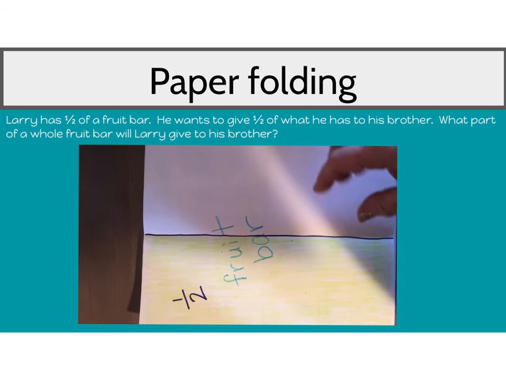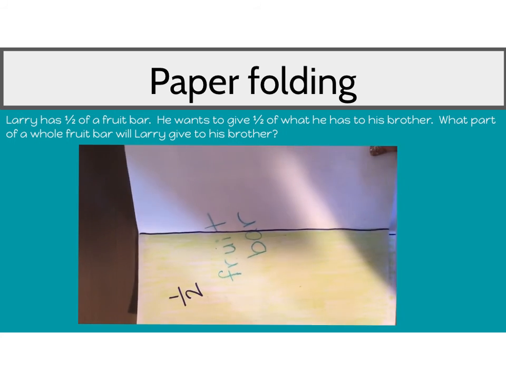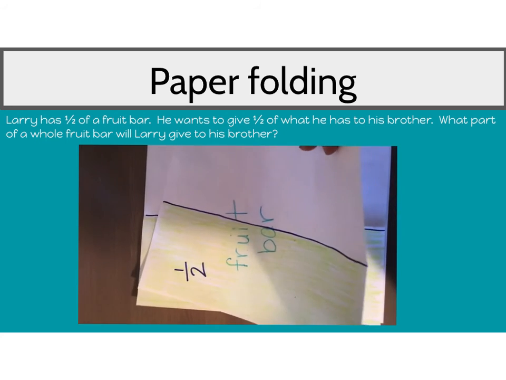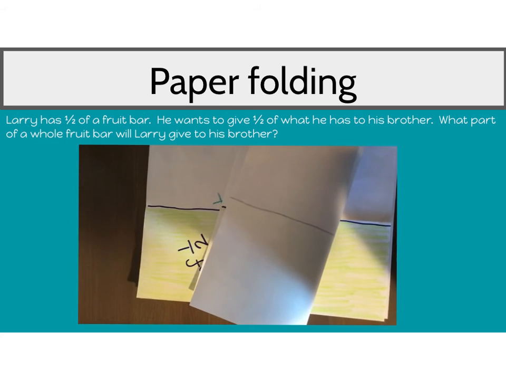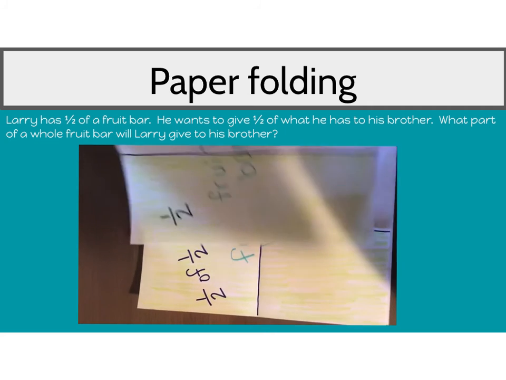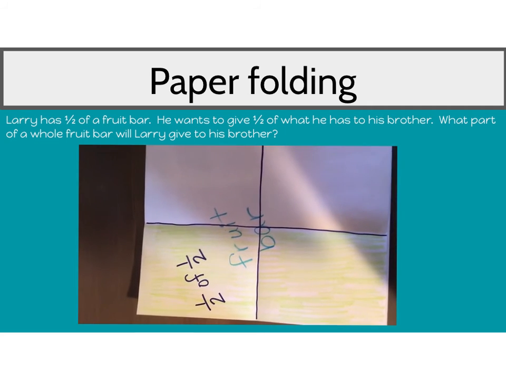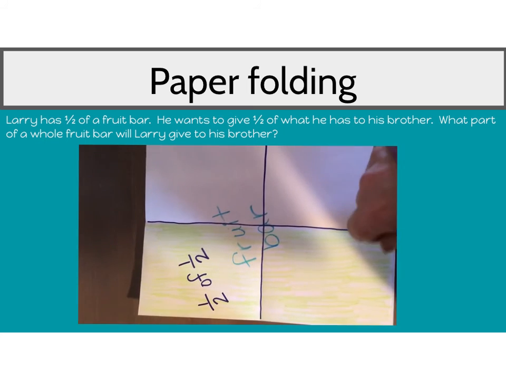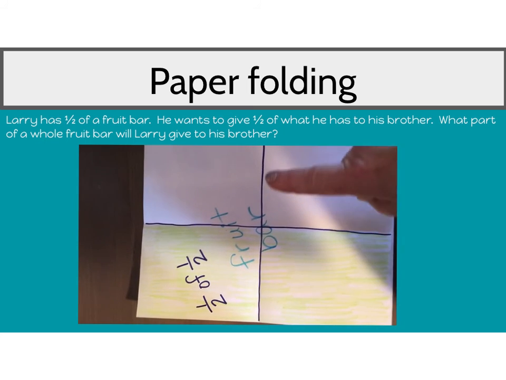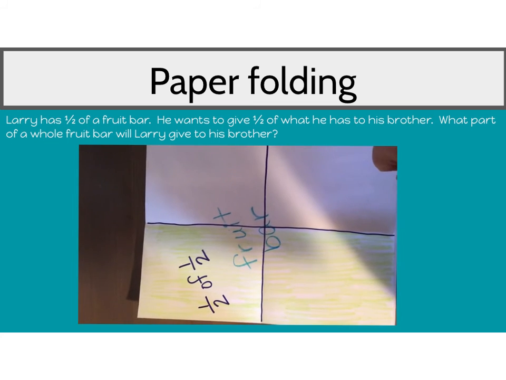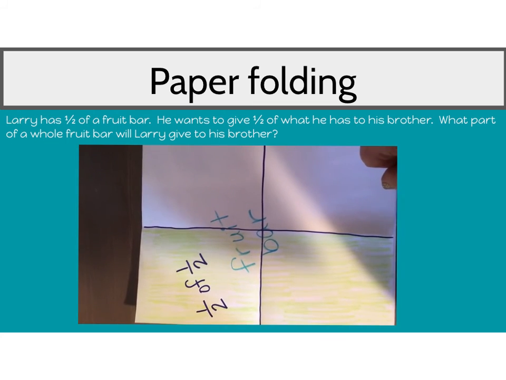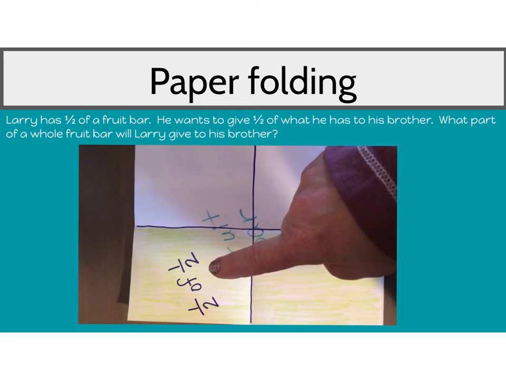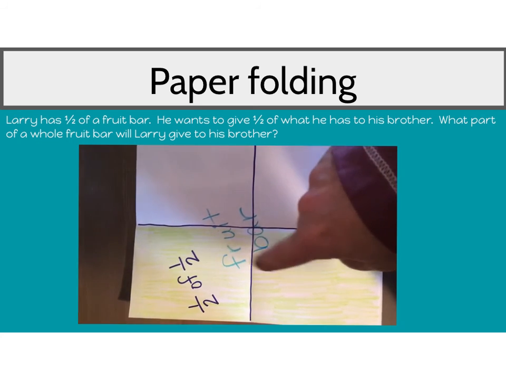So how might we do that? We could take this very same piece of paper and then fold it the opposite direction. So we would fold it up, and when we unfold it, we now have 2 fold lines. We have the one going up and down, and we have the one going across. And now we have 1/2 of half. So up at the top, here would be the whole half.